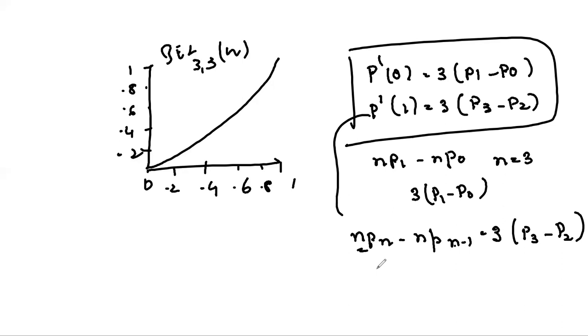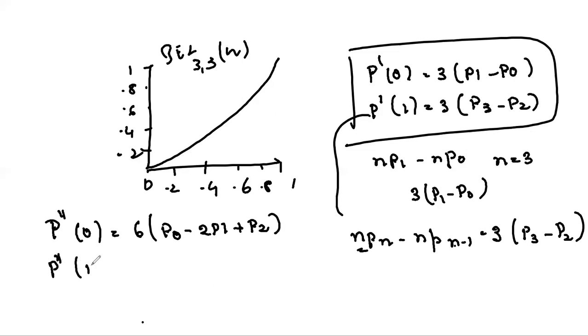And then after that, the second derivative also, if you recollect, it was presented as p double dash of 0, which becomes 6 of p naught minus 2p1 plus p2. It's nothing but the substitution that I have done here. P double dash of 1 is equal to 6 of p1 minus 2p2 plus p3.